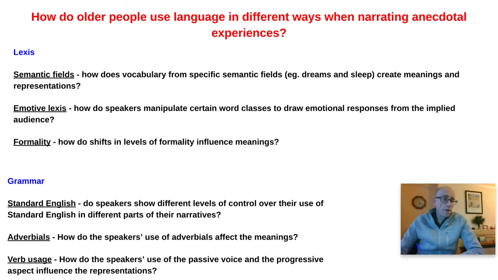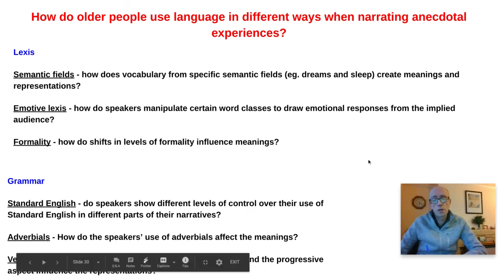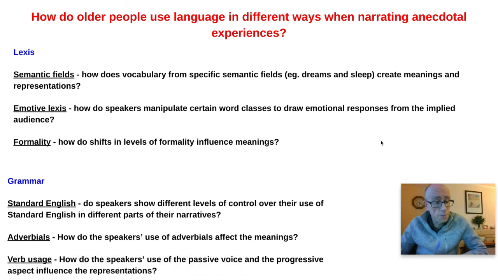And finally, last but by no means least, grammar. Under grammar, you could think about standard English. So to what extent are these speakers actually using standard English? Or do they use quite a hefty amount of non-standard dialectal forms? And how does that impact on the success of the story that's being told? Under grammar, you could look at adverbs and adverbials. So the part being played by adverbials, how are they affecting the meanings?